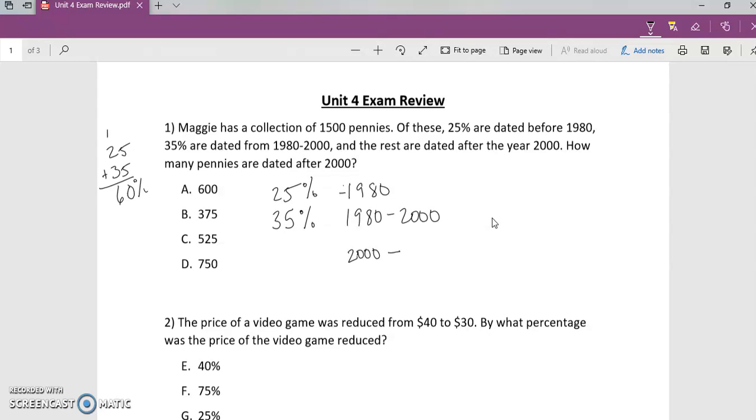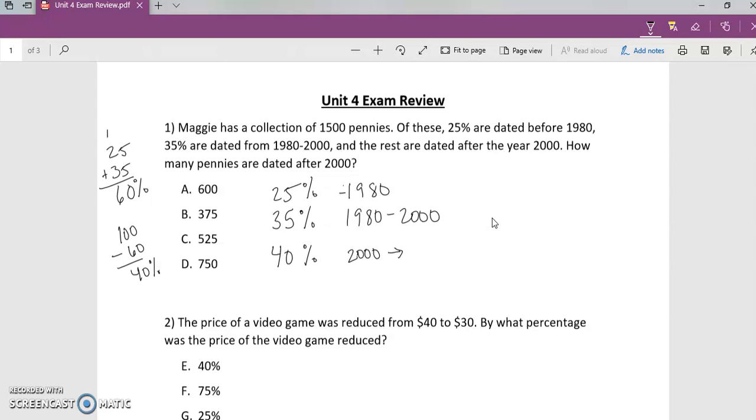So that means it's 60%. So how much is left for the total? 40%, because 100% minus 60 is 40. So that means 40% are from the year 2000 on.